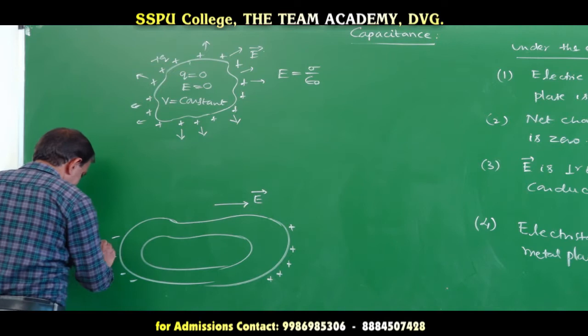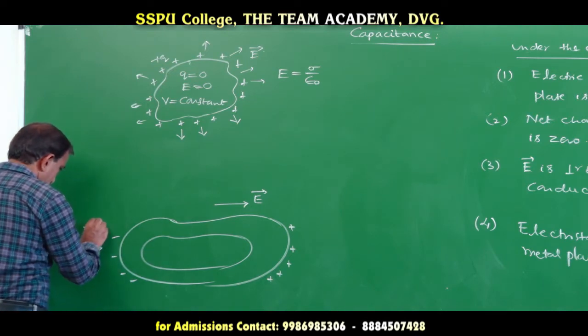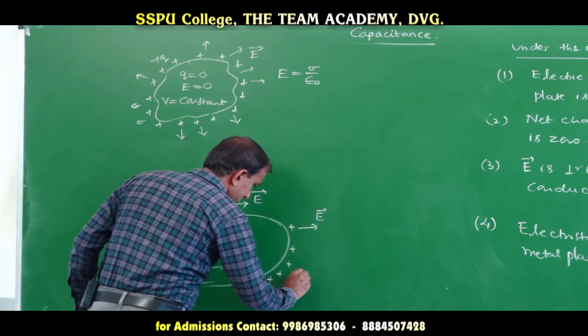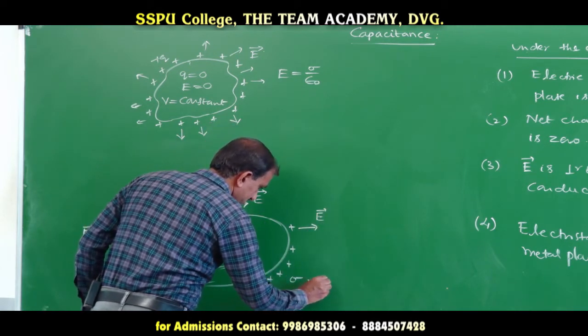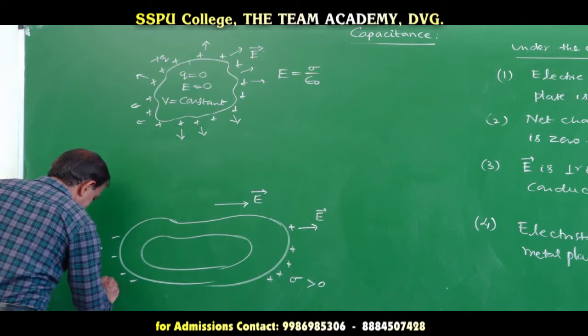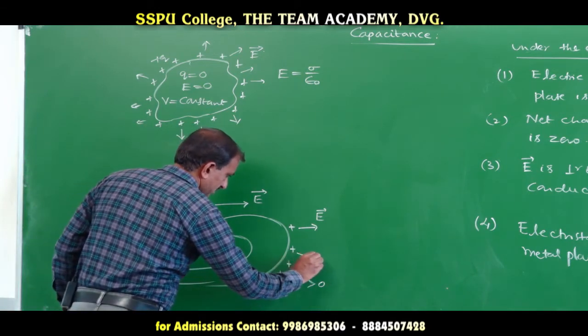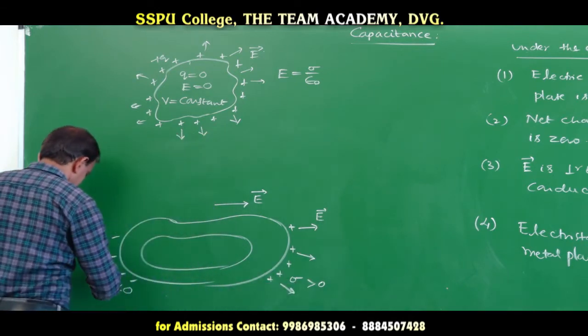Here the electric intensity is in this direction and here the electric intensity is in this direction. And here sigma is greater than 0, here sigma is less than 0, that is surface charge density. The electric intensity is in this direction.